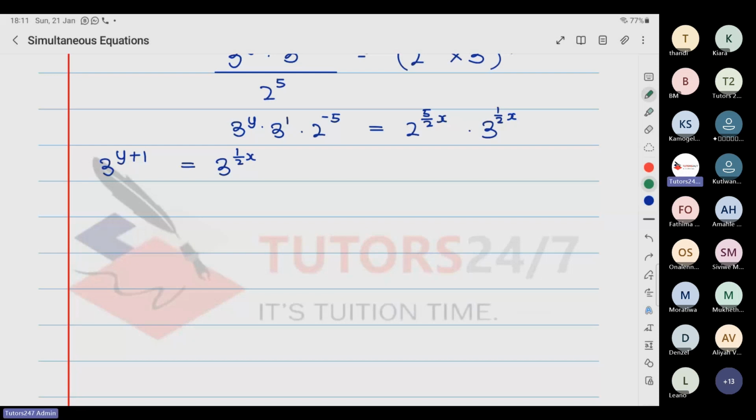So what I was saying earlier was if we kept it as the original form or as the broken up form, as 3 to the power y times 3 to the power 1 equals 3 to the power 1 over 2x. Take note that I'm writing some stuff in green. If you do not see it, let me know.